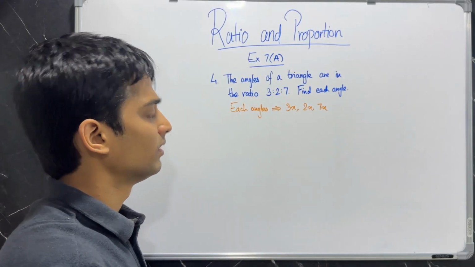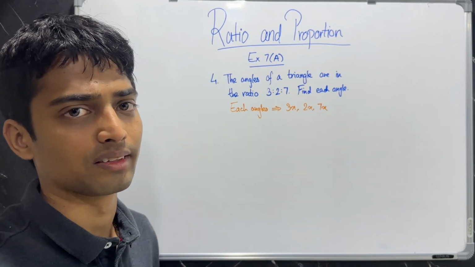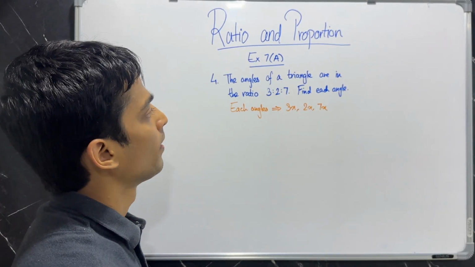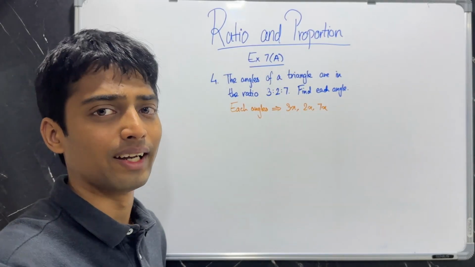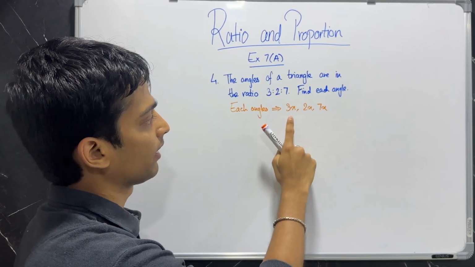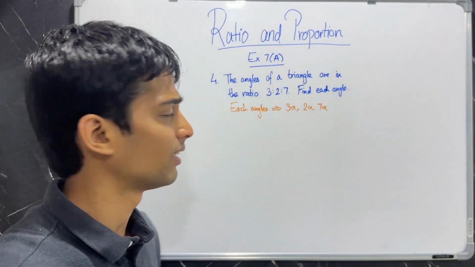Now how do we find x? In a triangle the angles always add up to 180 degrees. So we can make an equation that these 3 add up to 180 degrees, and then we can find the value of x from that equation.